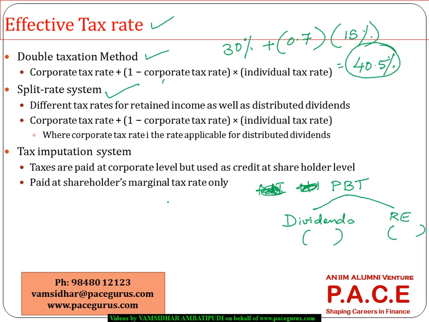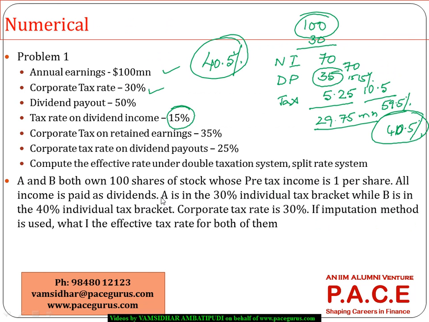So if I look at it like this, the corporate tax on the retained earnings is 35%, whereas on the dividends it is 25%. So out of the 100 million earnings, if I say the dividend payout is 50%, so 50 is retained earnings and 50 is dividend, right?